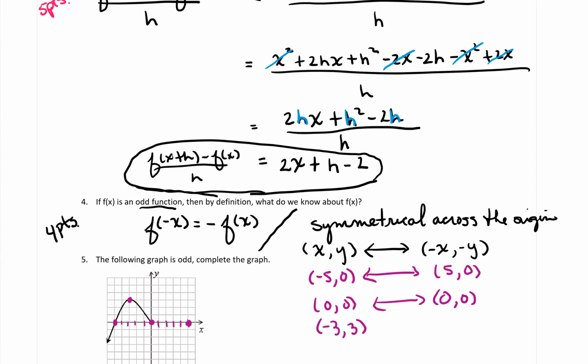Changing the signs on that point gives me 3, negative 3, which is here. And so we finished the graph of that odd function. If you did it correctly, this is worth 4 points.